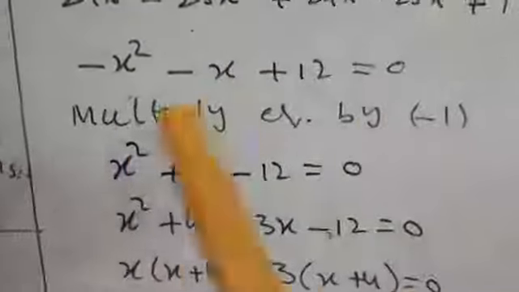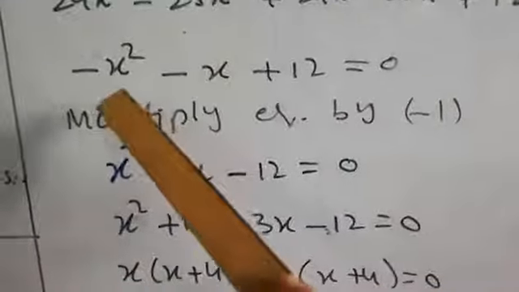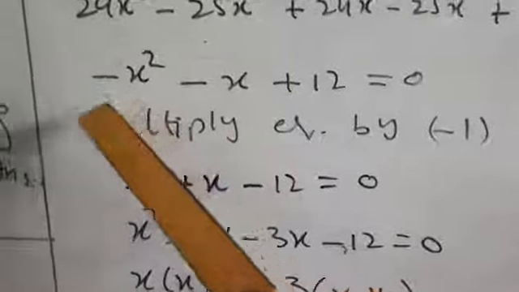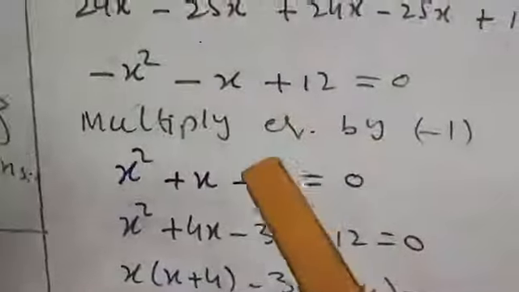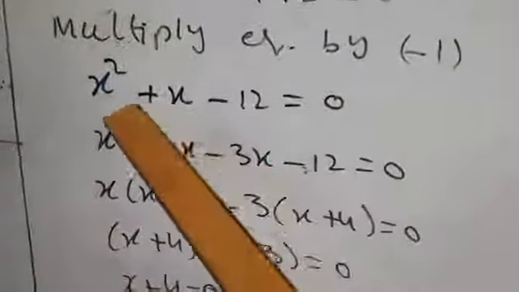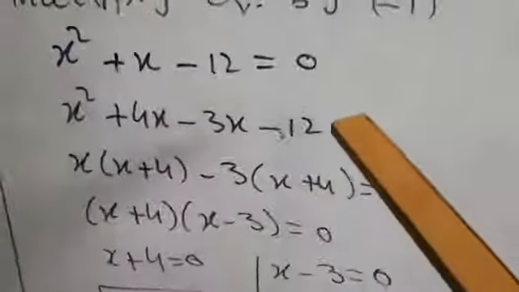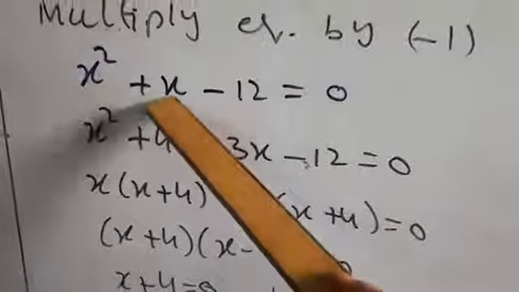We will multiply this equation by minus 1 because there is no rule to keep the negative value in the factorization method. So we get x square plus x minus 12 equals 0, and we will split this form.